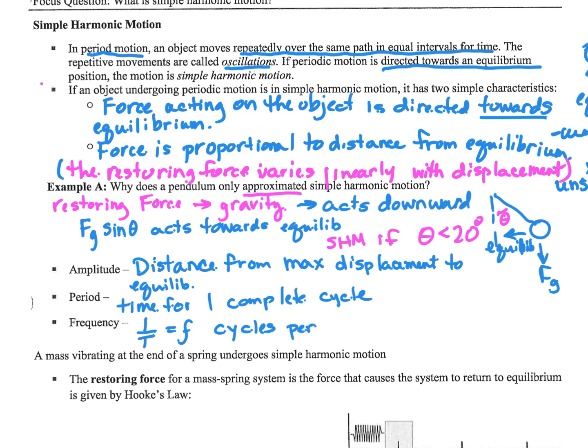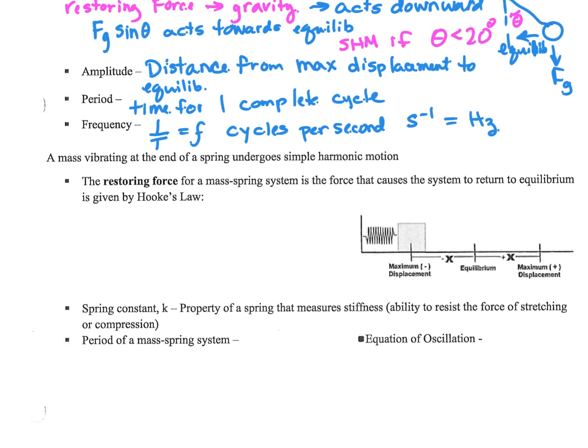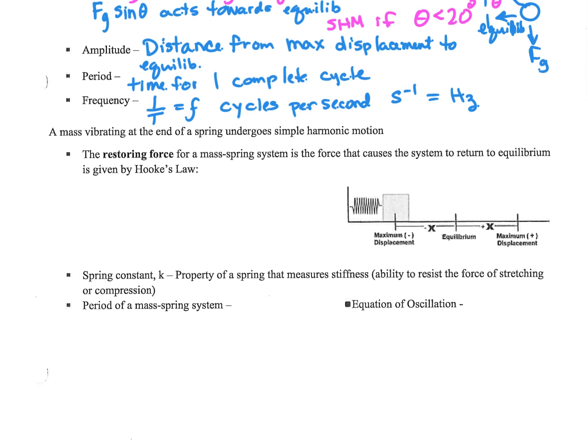Now, if we have a mass vibrating at the end of a spring that's undergoing simple harmonic motion, what do we know? We've got a restoring force. This is the force that causes the system to return to equilibrium. This is given by Hooke's law, and Hooke's law says F equals negative kx. You may be wondering why there is this negative.